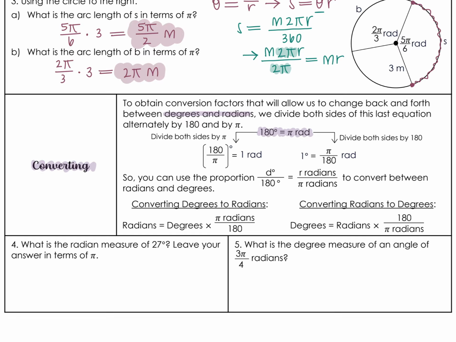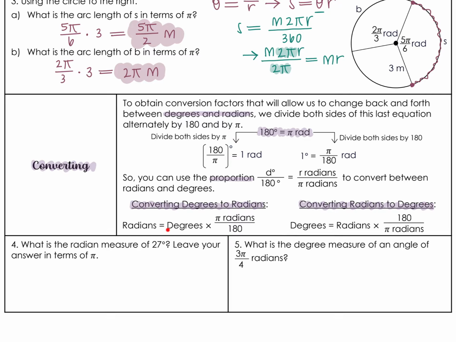Okay, so you can use proportions here, as they're showing you, to convert between the radians and the degrees. And then we also have here converting from radians to degrees that you can just multiply by a fraction as well. So it's up to you on how you want to do it. Personally, I like just multiplying by the fraction. As long as you know that 180 degrees is equal to pi radians, it's all about what you are trying to cancel out.